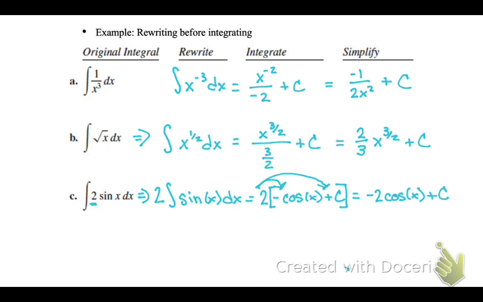So if you had more things, because we could do this with like 5 things strung together, right? We just do them independently. So just like we differentiated each term if it was just plus and minus between them, if it's plus or minus here, we're going to integrate what? Each term. We just haven't had that yet.